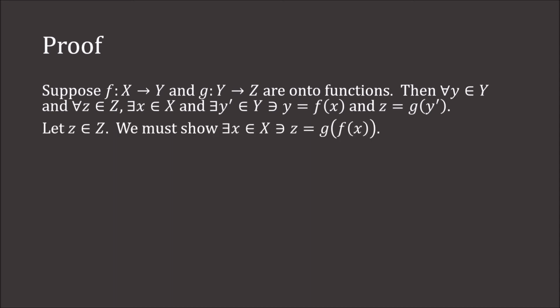Now let z be any element of Z. We must show that there is x in X such that z is equal to g of f of x. Now, since z is in Z, there must be a y in Y such that z is equal to g of y, right? Because g is onto.